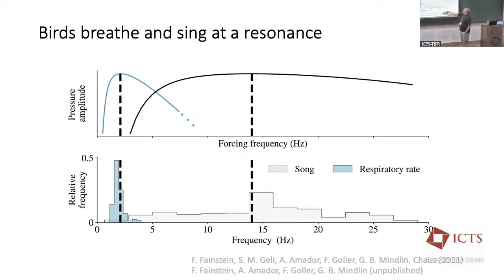Now, this is the resonant curve of the system that is nonlinear. When you have this nonlinearity, the resonances grow, and also they get kind of wild. So probably the bird is also singing at resonances, and this is at least what happens with canaries, and I think it's something that will be general. So birds do breathe and do sing at resonances of their biomechanics.